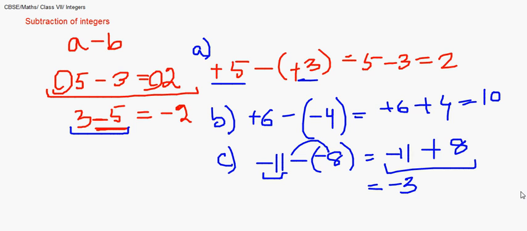This is another, and the simplest another one can be minus 3 minus of plus, oh, this I think we did in the first one. No, sorry, I'll just erase this part. This was not clearly written. So minus 3 minus of plus 7. Again, when you have something with bracket, we need to remove the brackets.